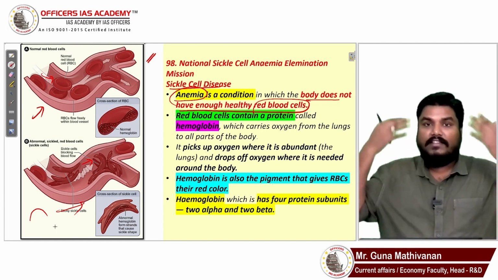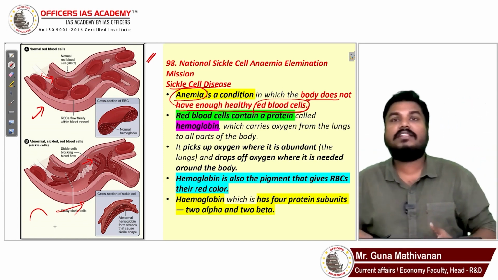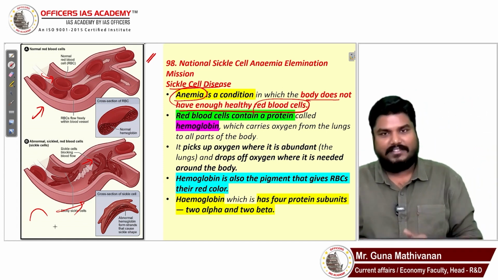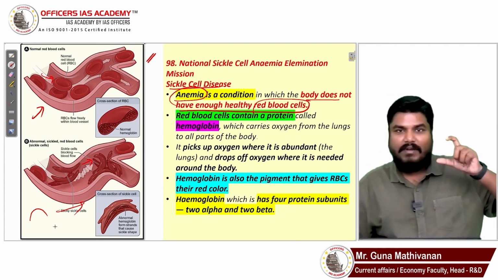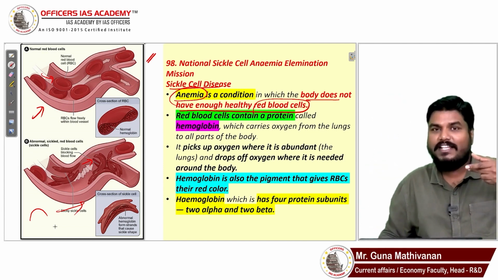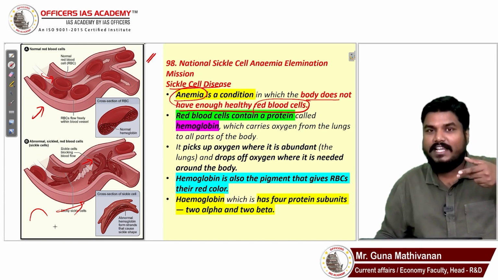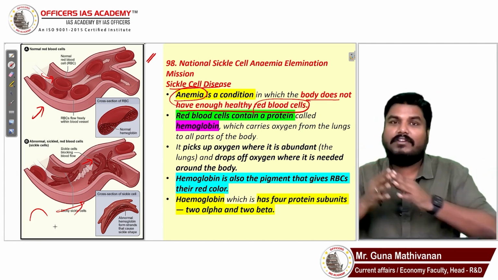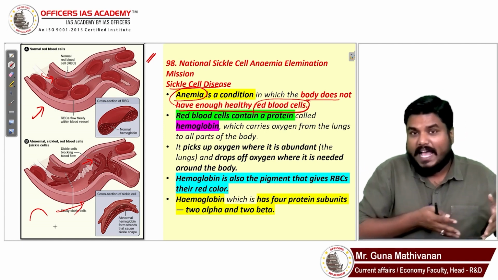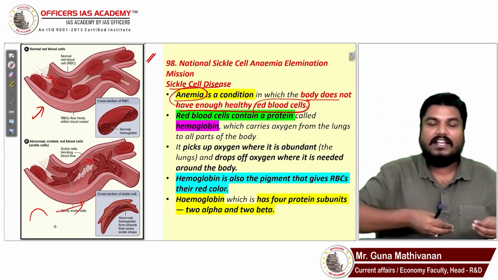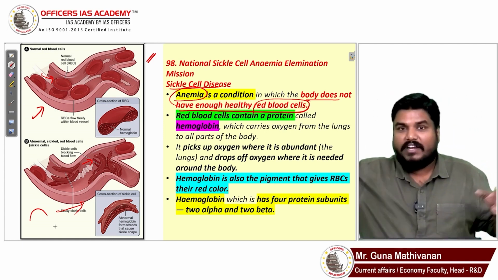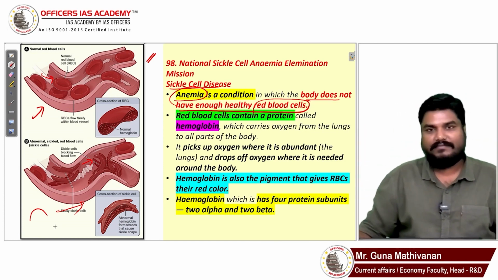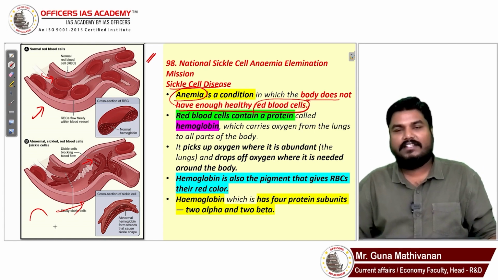Because of that, different organs are not able to receive sufficient oxygen. That results in a lot of complications. Since the shape got changed, the red blood cell is not able to move in the blood vessels. Because it is not able to move, it is not able to carry the oxygen to different parts of the body, and various organs get affected.